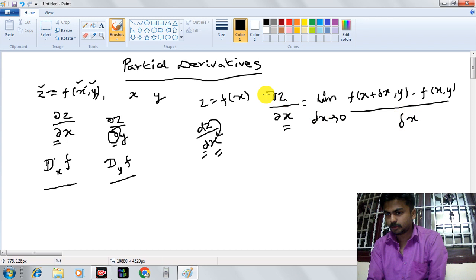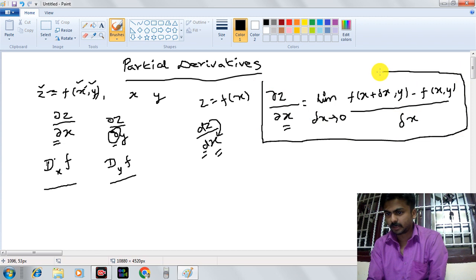So this is the definition of the partial differential operator dou for the function z with respect to x.